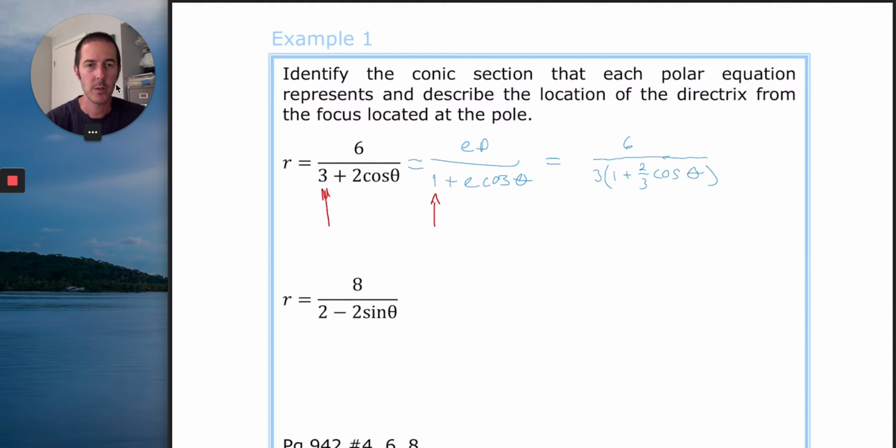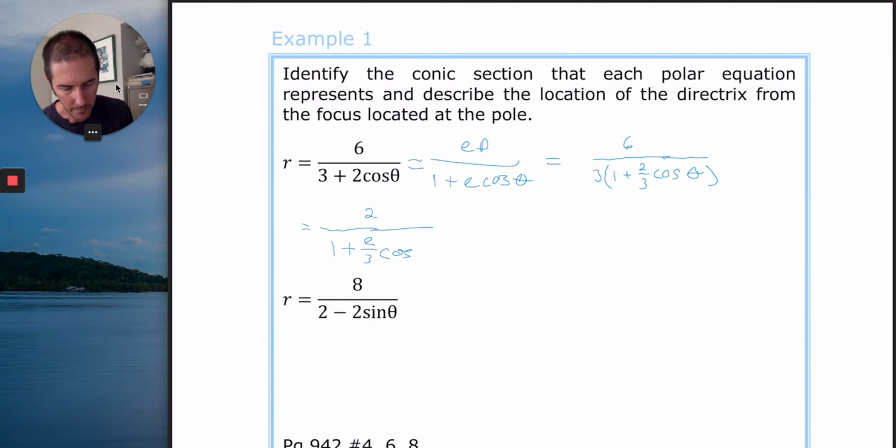All right, and remember that you can double check that you factored correctly by distributing the 3 back out, and that would work in this case. The next thing I'm going to do is divide the 6 by the 3, so I'm going to reduce right here so that the 3 is entirely gone from the denominator. So we're left with a 2 in the numerator, and in the denominator 1 plus 2/3 cosine theta.